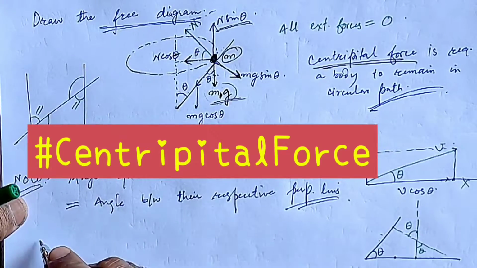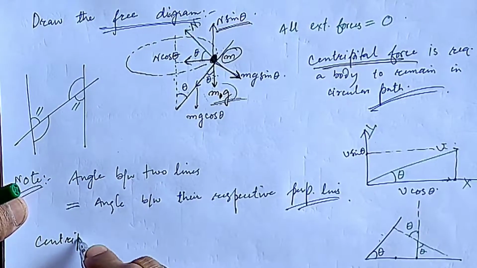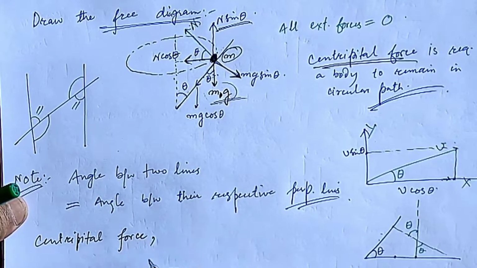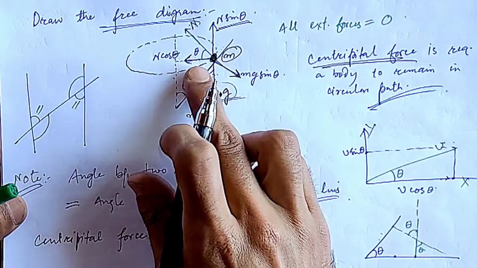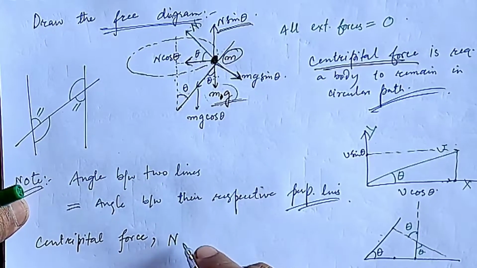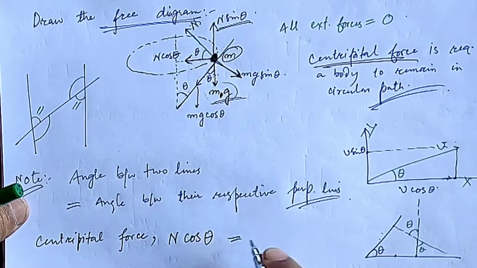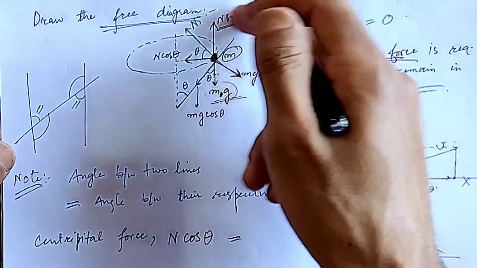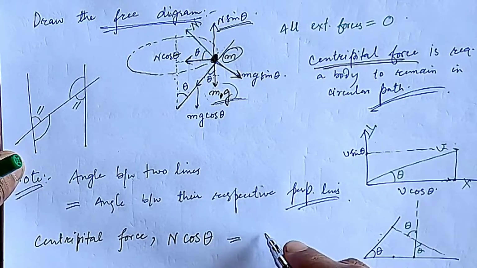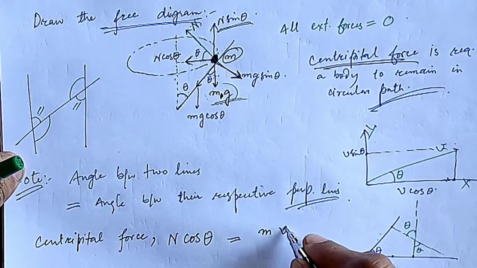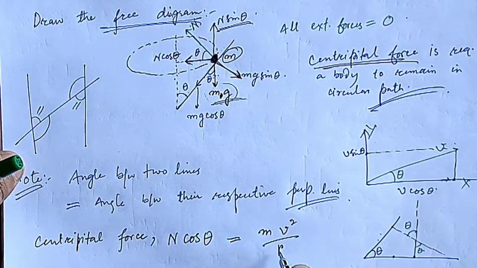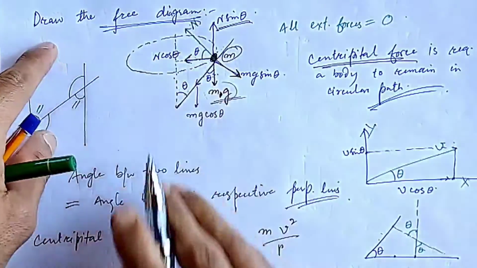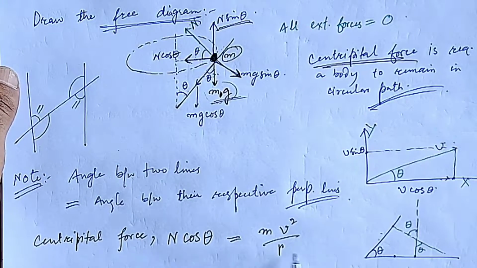So the centripetal force is due to the contribution of this component only, that is n cosine of theta. And we know the centripetal force for a body moving with velocity v is given as mass of the body times velocity squared divided by r, where r is the radius of this circular path. So this is the centripetal force.